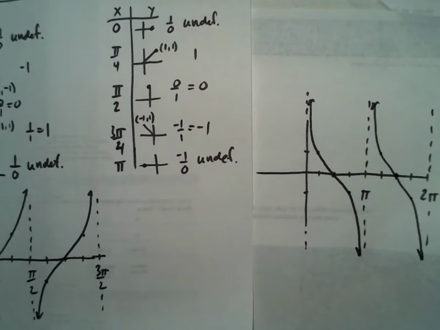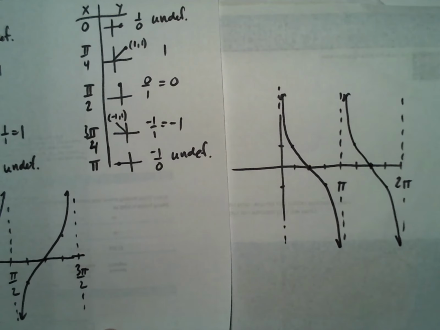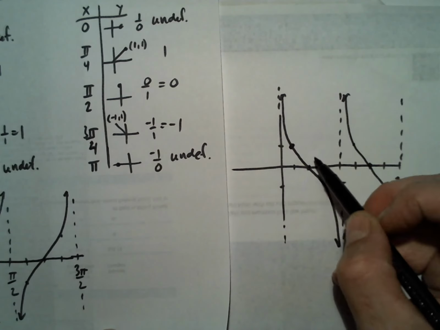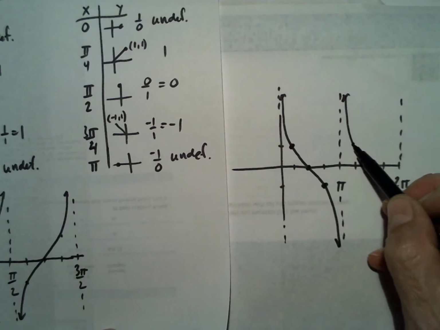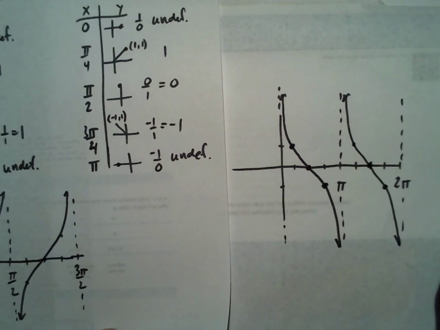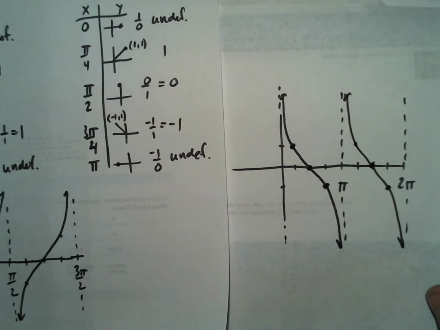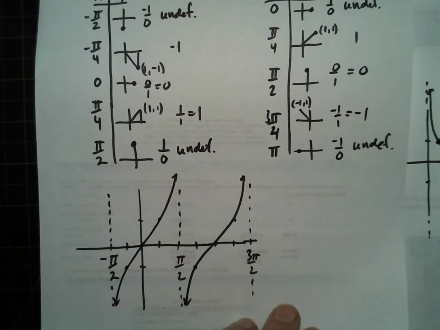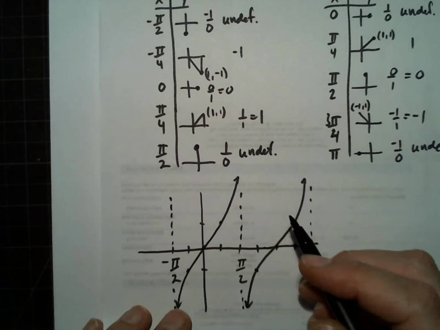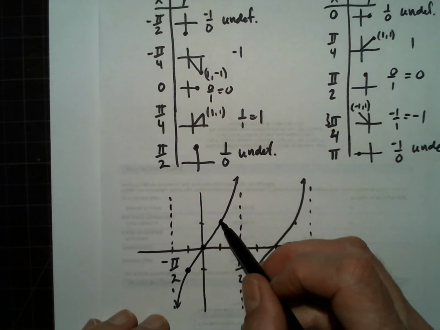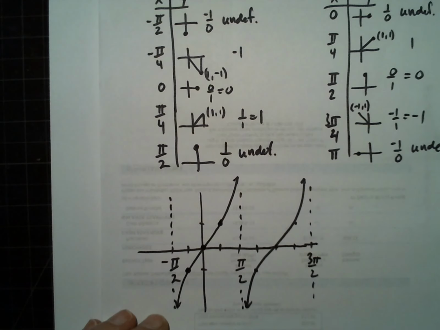And make sure we remember these 3 points, because when we do transformations, we just want to deal with those points like we did with sine and cosine. Just memorize those points, and then over here we'll memorize these points and use those for transformations.